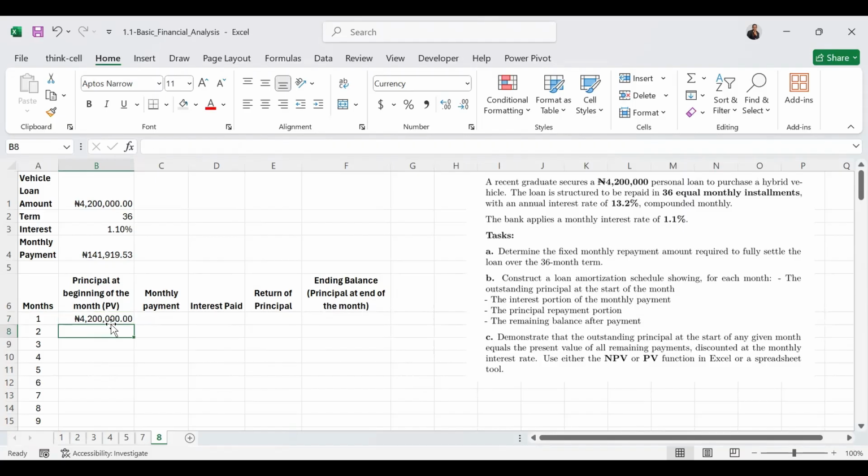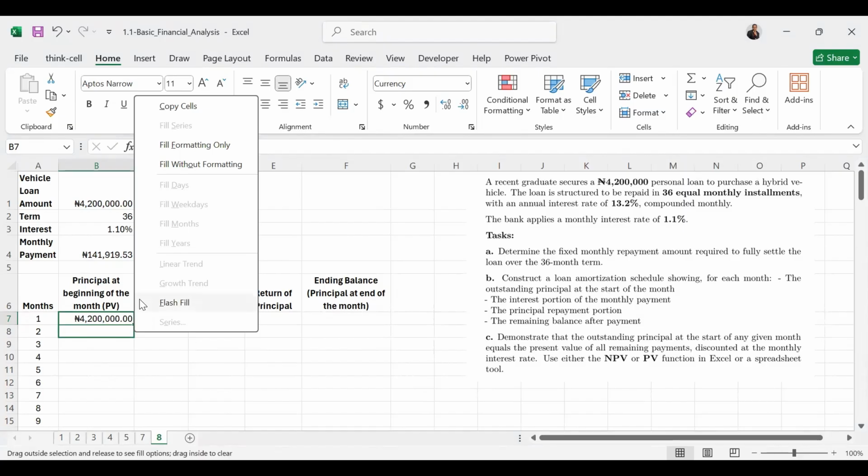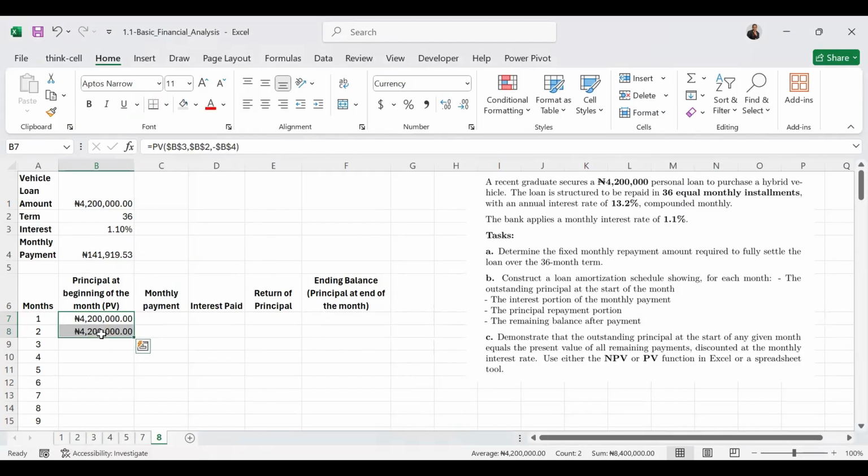Now, to get the second month, I'm going to be subtracting 1 month, so that the second month will now be 35 instead of 36. So here is 36. Now for the second month, it's supposed to be 35. Since this is all absolute, I will just copy to the second cell.